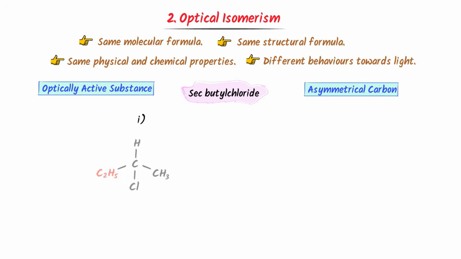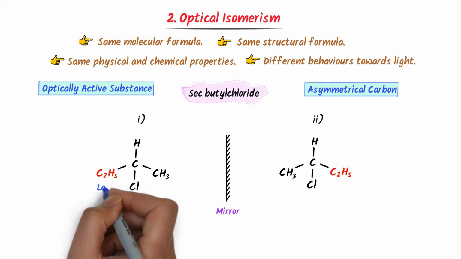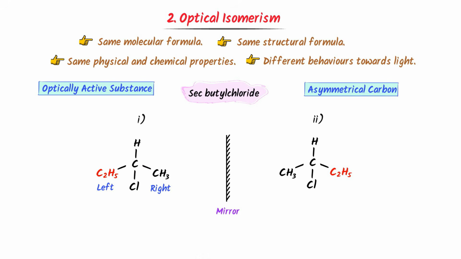Now consider secondary butyl chloride and form its optical isomers. Well, we can see that this carbon is asymmetric because all the 4 groups attached to this carbon are different. So it is an optically active compound. Now I place a mirror here. As a result, I get this compound. This CH3 is here and this C2H5 is here.